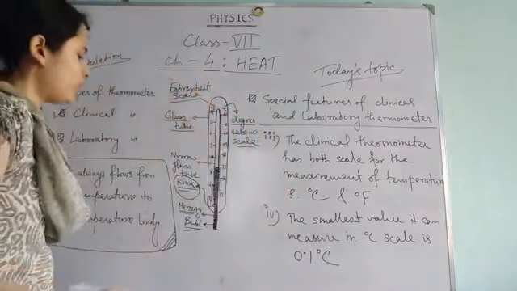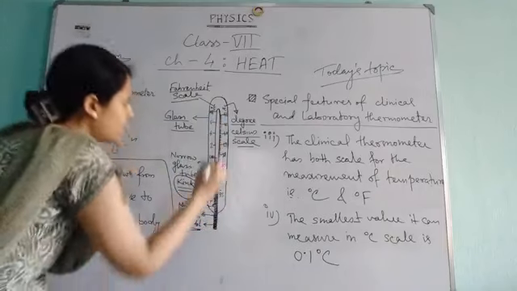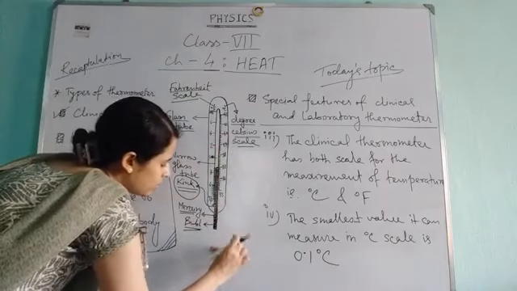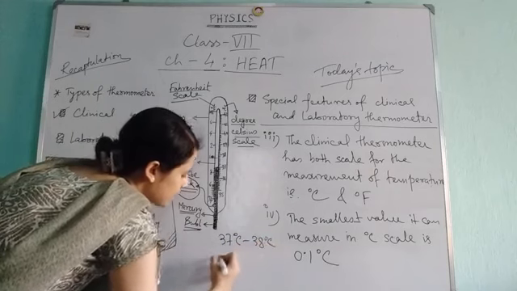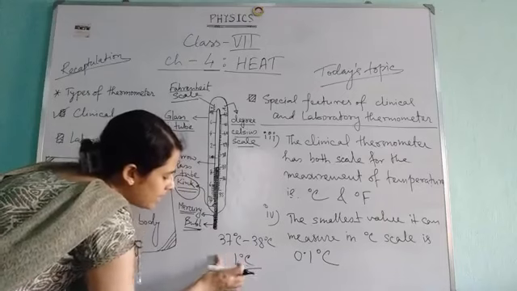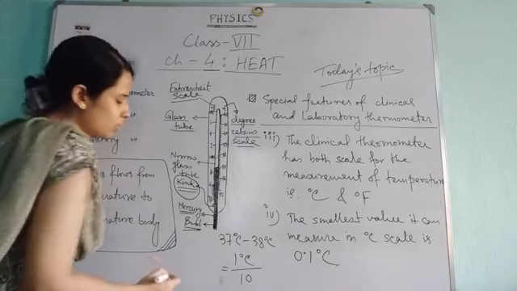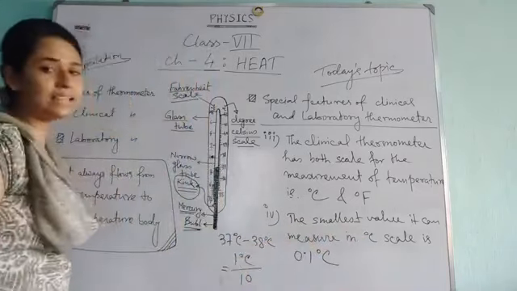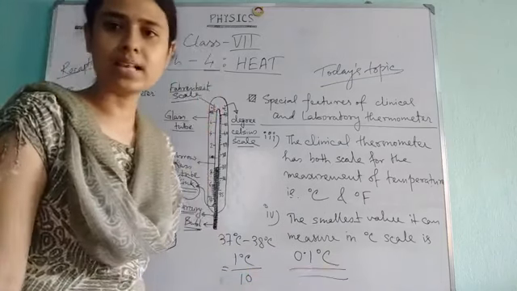Because we have 10 divisions between 1 degree, suppose from 37 to 38. 38 degrees Celsius minus 37 degrees Celsius equals 1 degree Celsius, and this 1 degree Celsius is further divided into 10 divisions. So one smallest division can measure 1 by 10 degree Celsius, that is equal to 0.1 degree Celsius.